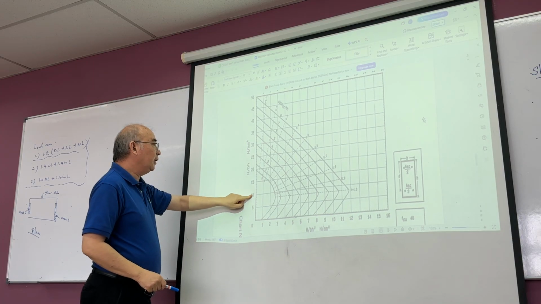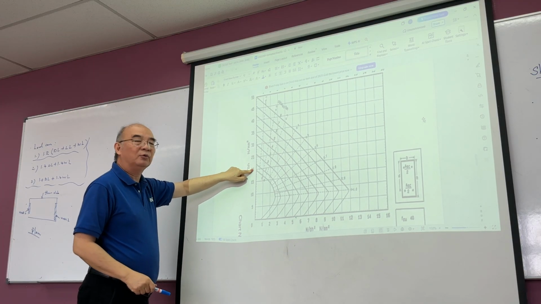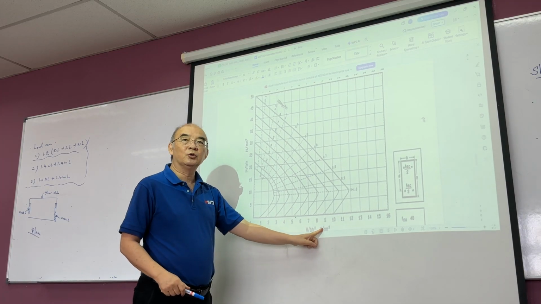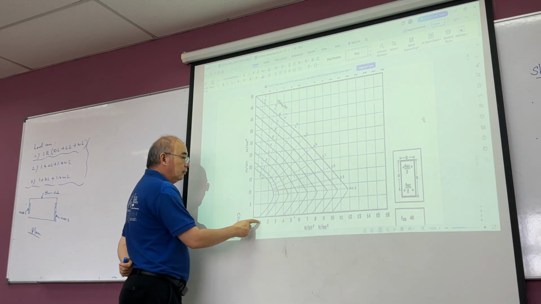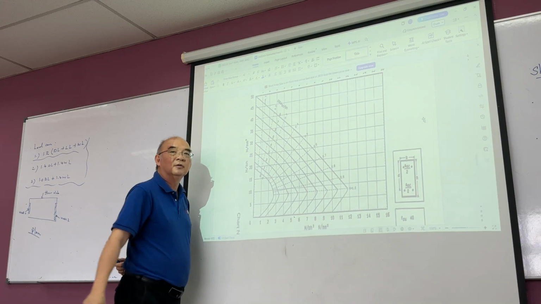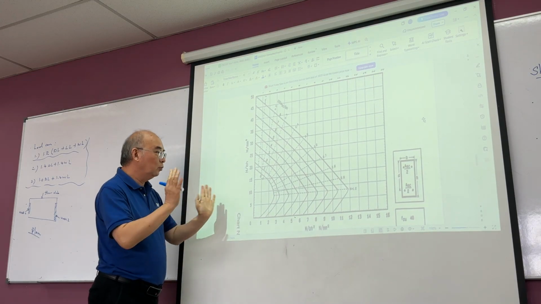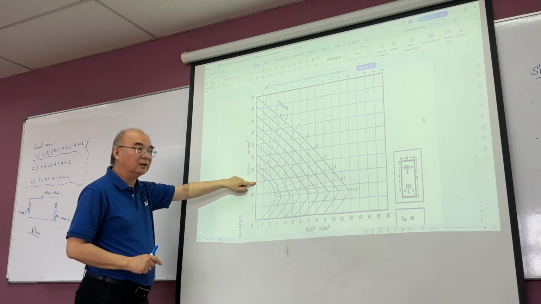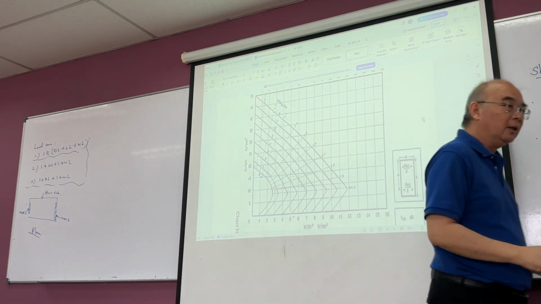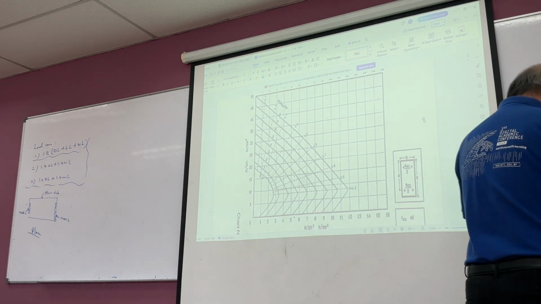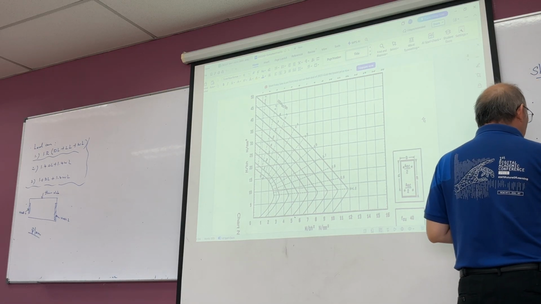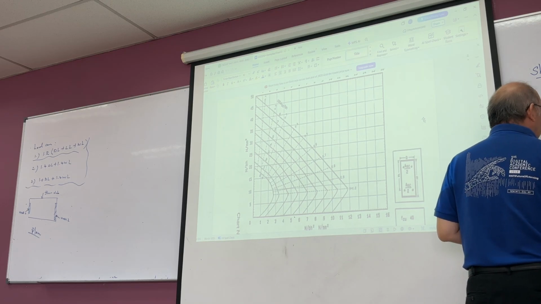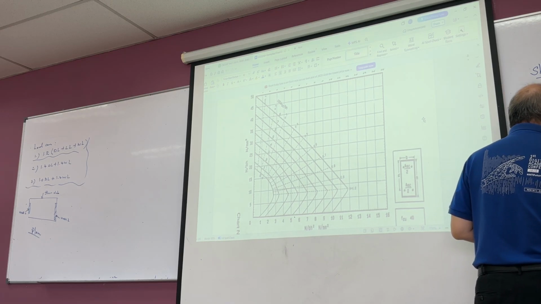Here, 5 MPa, 10 MPa, 15 MPa, 20, 25 MPa. Here, this is the bending stress, M over BH squared. Bending stress is 1, 2, 3, 4, 5. Okay? Let's say what you calculated is 15 MPa, and this one is 2 MPa.